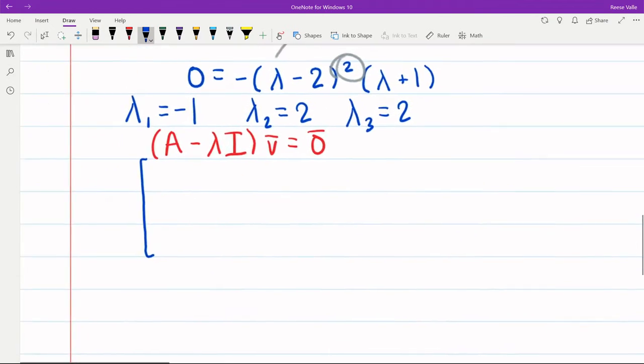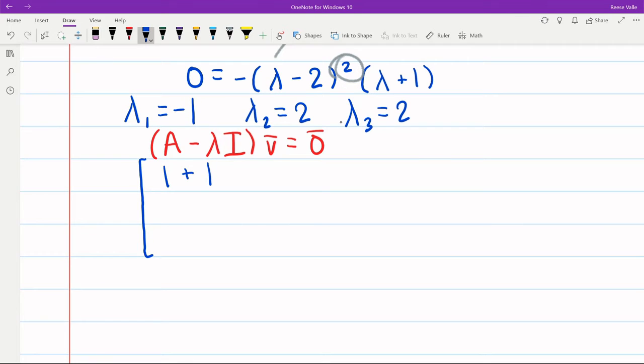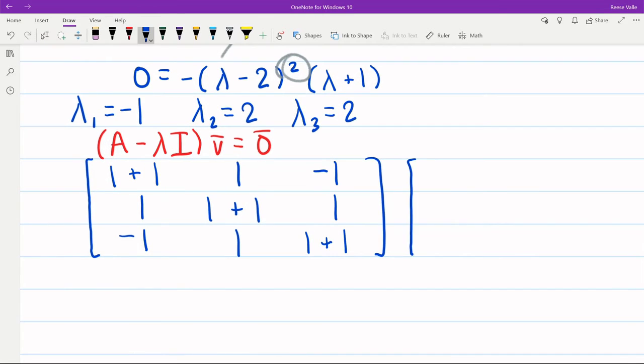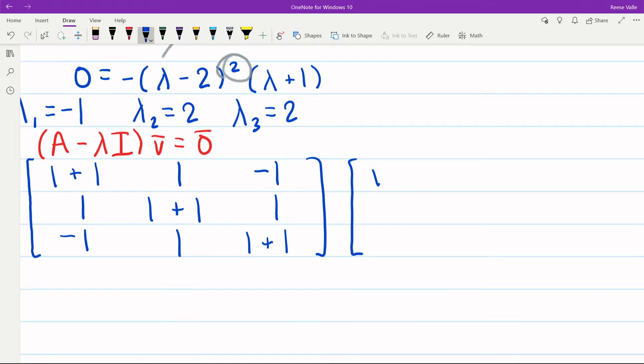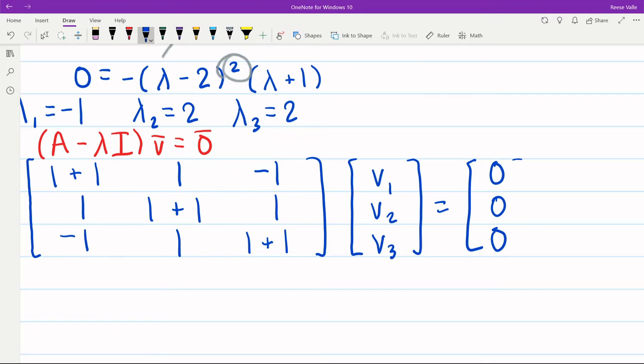So it's going to be 1 plus 1, 1, negative 1, 1, plus 1, 1, negative 1, 1, plus 1, and then times the v vector, which is v1, v2, v3, equals the 0 vector, which is just 0, 0, 0.